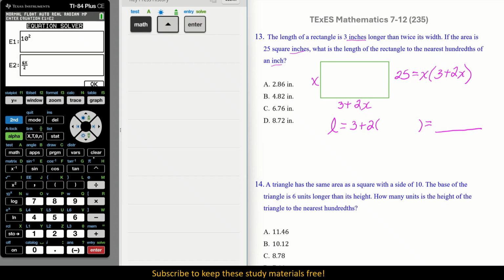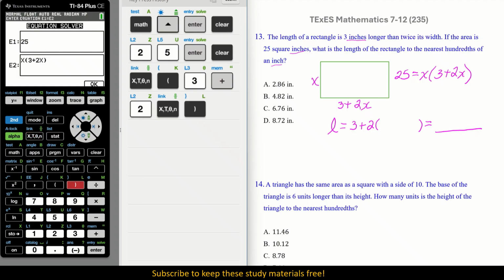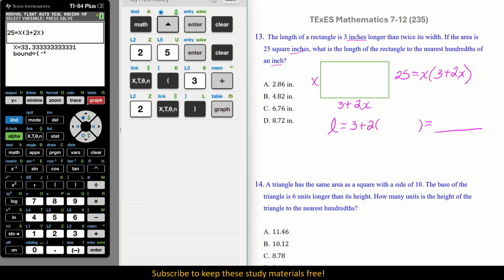Let's clear this out. And I have 25 first. I always do the left, now the right, clear it all out. And that is x parentheses 3 plus 2x. Close our parentheses. Now, see where it says okay? Note that it says okay, push enter.